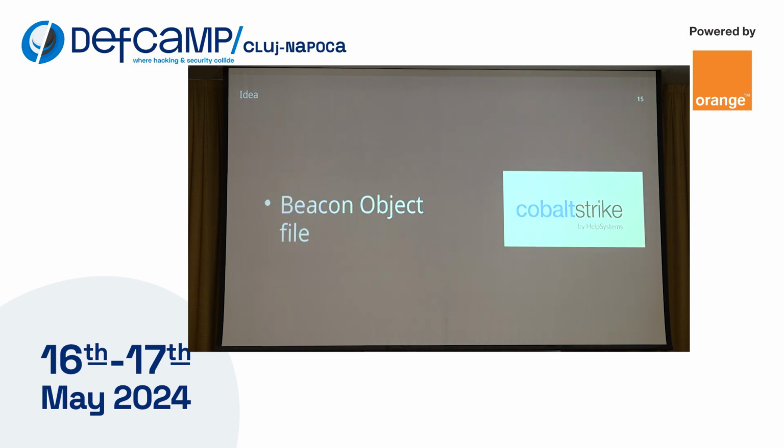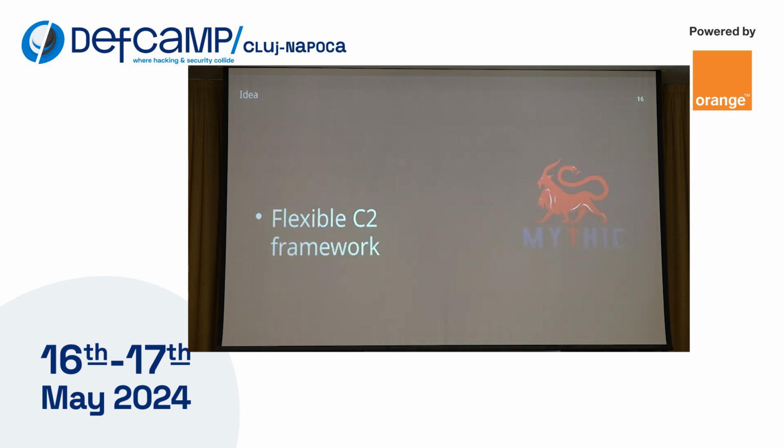Now it is dead, but the idea was really interesting. The second thing is that about 3 years ago, Cobalt Strike introduced a thing called beacon object file. This one is also quite a popular and cool technique today, and we may borrow this idea for our stage 1 agent. And the third part is Mythic.